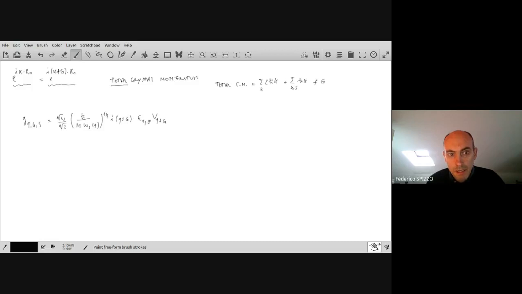So this is the expression for the coupling constant that rules the interaction between electrons and phonons.